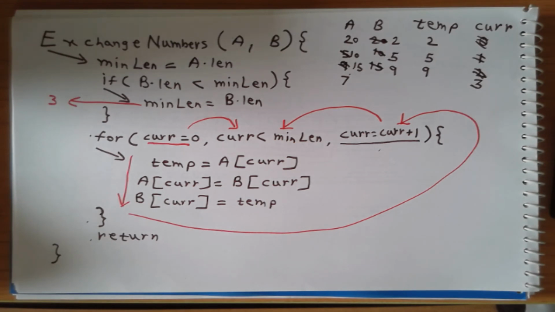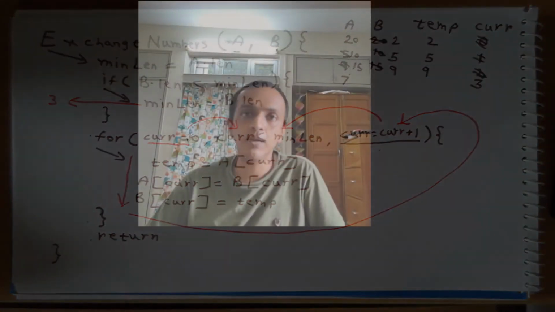But still remember, that is not the guarantee for the correctness of your code. Okay, so that's about the example for algorithm writing. Do practice more examples on your own, and from the next video we will talk about algorithm analysis and performance evaluation.